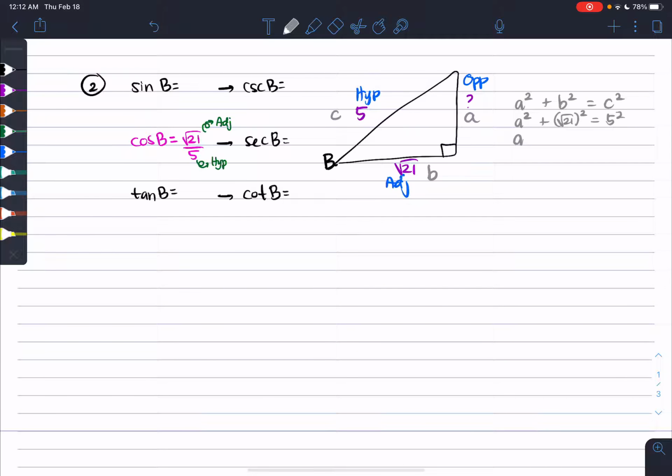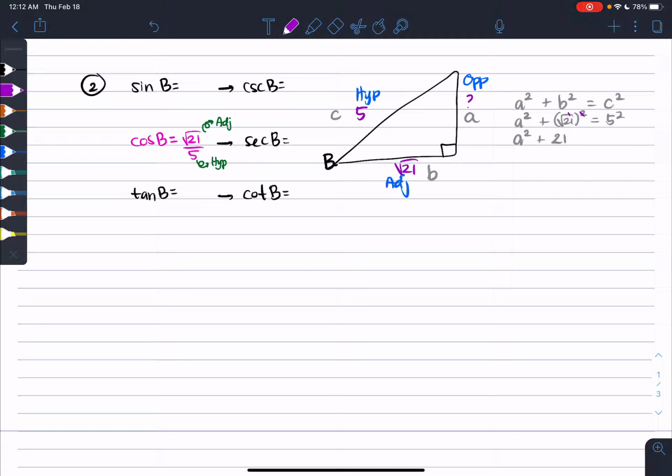Next step, the square root of 21 squared is just 21. What happens there? These two sort of cancel each other out.